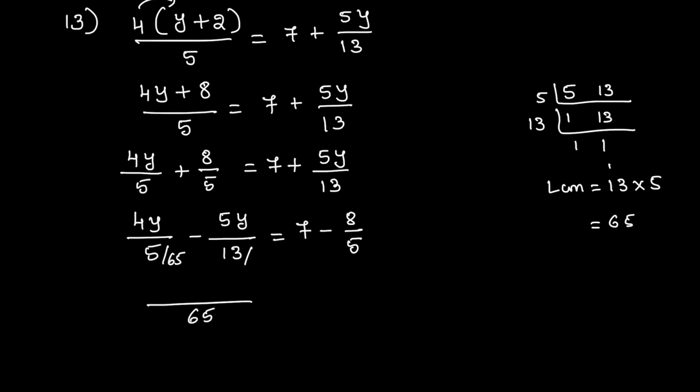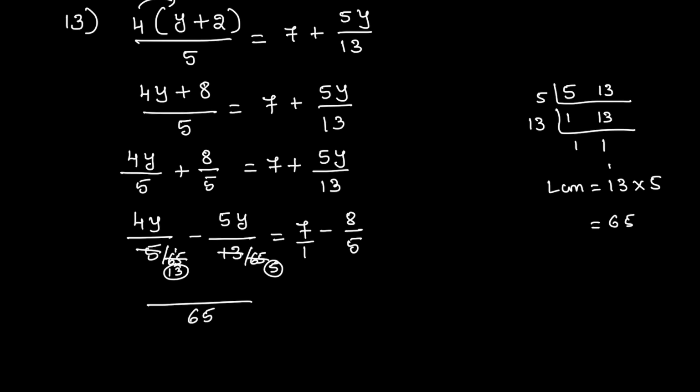Divide by 65: 5 ones are 5, 5 threes are 15, 13 fives are 65. So now 13 into 4 we should multiply, and 5 into 5, 5 fives are 25, we will get.